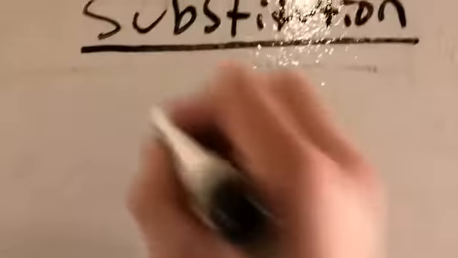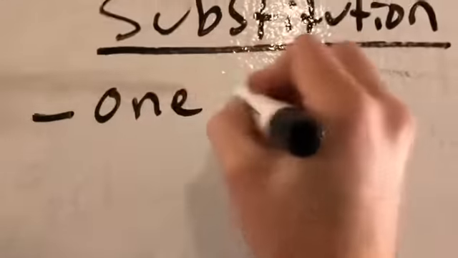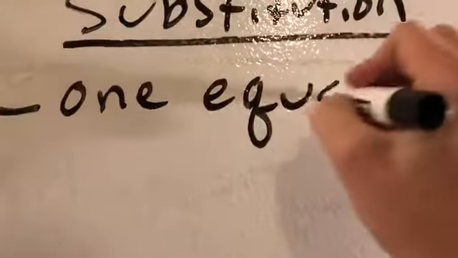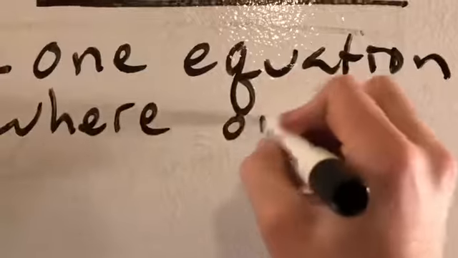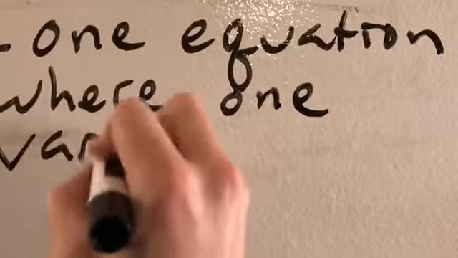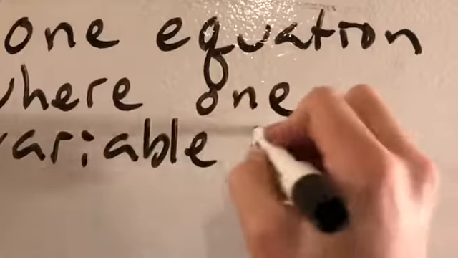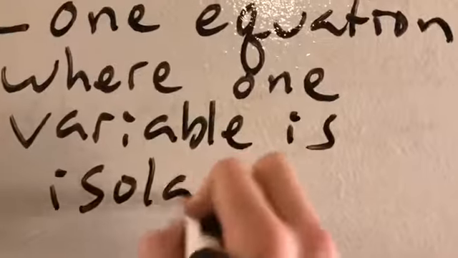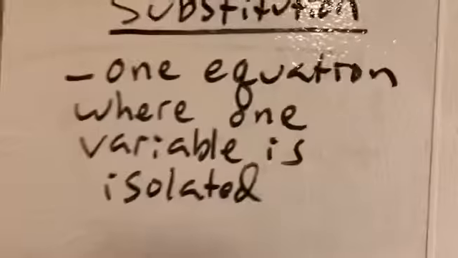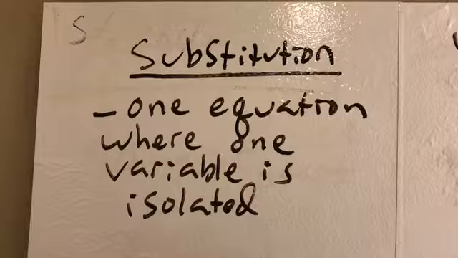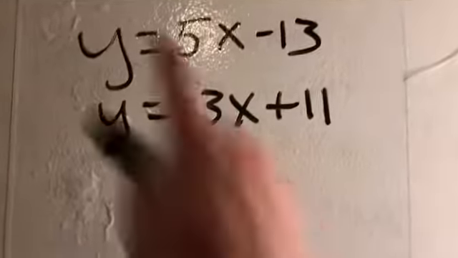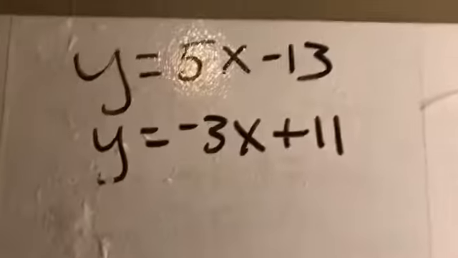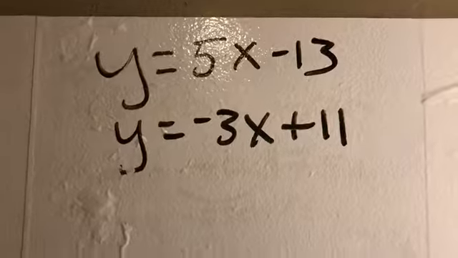When you're solving with substitution, you need one equation where one variable is isolated. If you're going to use this strategy, you need one equation where one variable is already isolated. Now in these, both of the equations already have nice y alone, totally isolated.